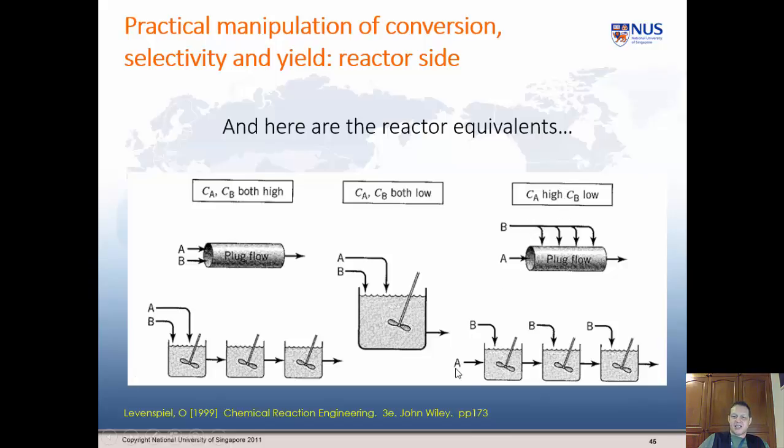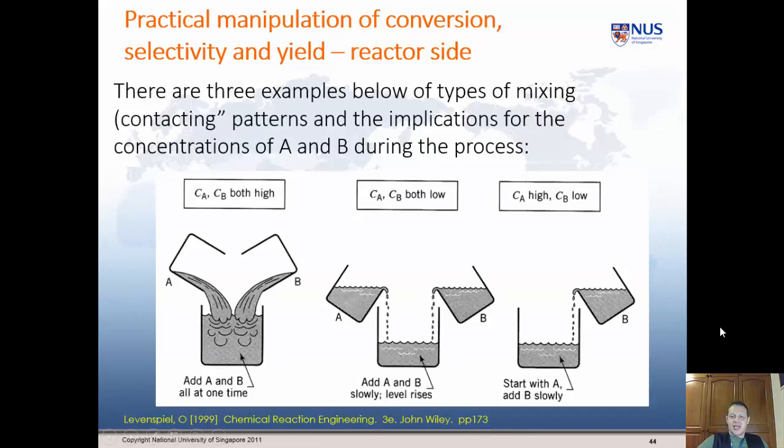And likewise with batch, if you start by filling up with one reagent and then adding the other one, you can again get the different conditions. So there, if you like, are the reactor equivalents to our adding of beakers as we were just doing.